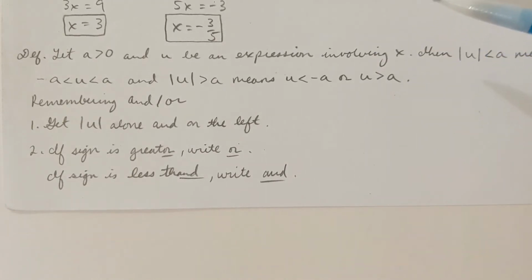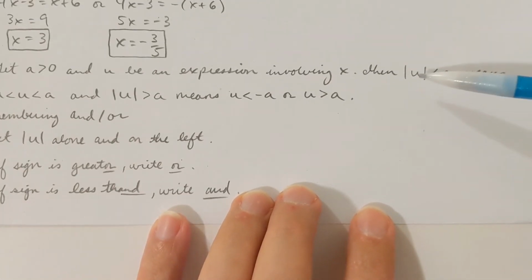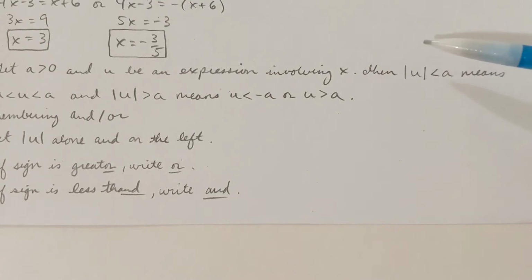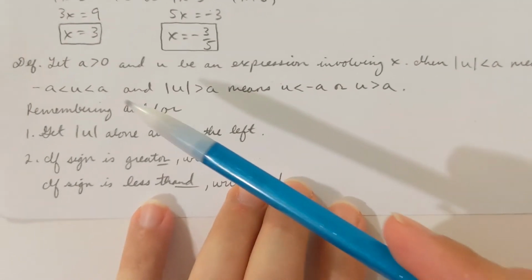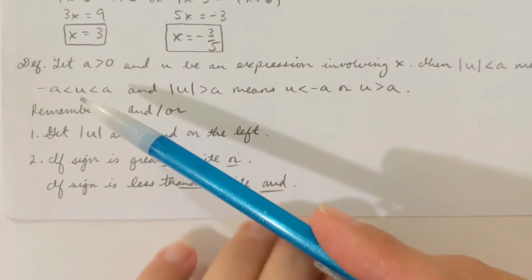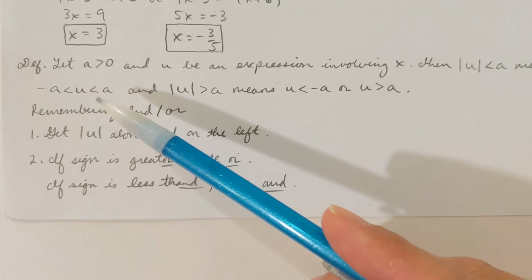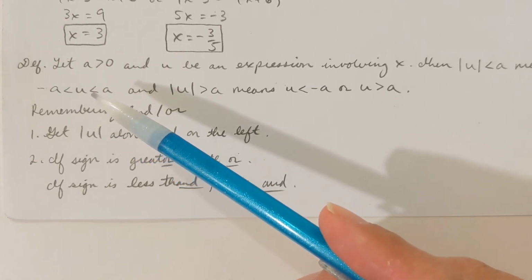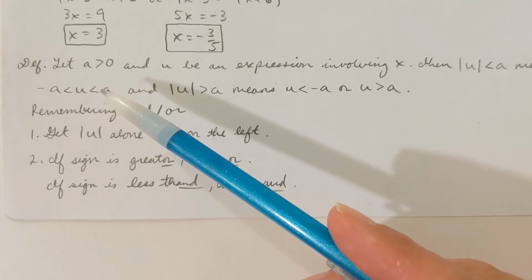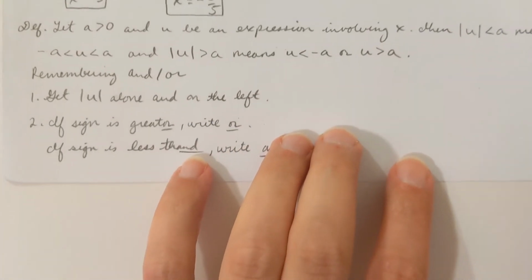So just like with equations, when we lose the absolute value bars, we form two inequalities. Now u greater than negative a but less than a means that u is greater than negative a and u is less than a. So I get two resulting inequalities.